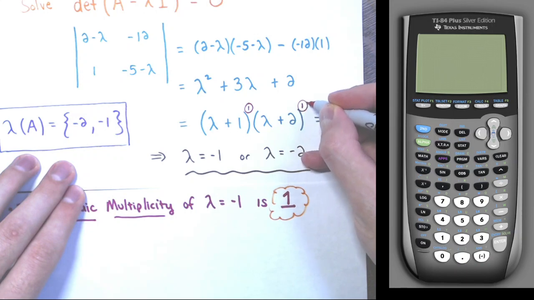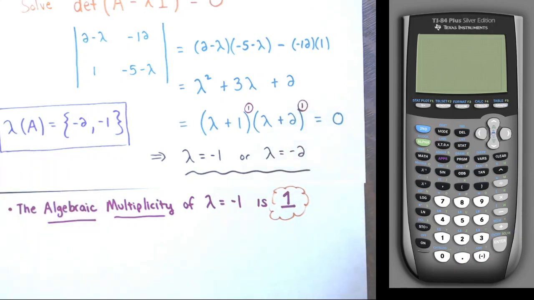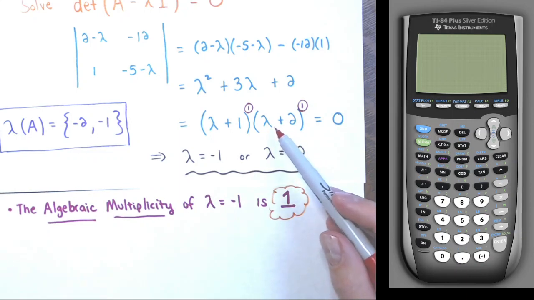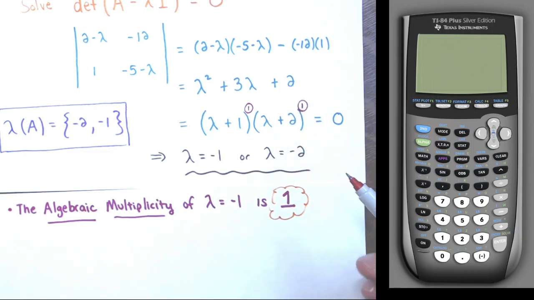The exponents on factors will help you determine pretty easily what the algebraic multiplicity of a particular eigenvalue is. So negative 2 is only a solution to this equation once. It only makes one factor equal 0.